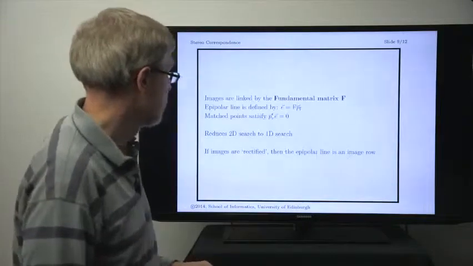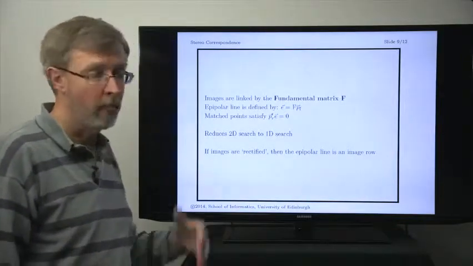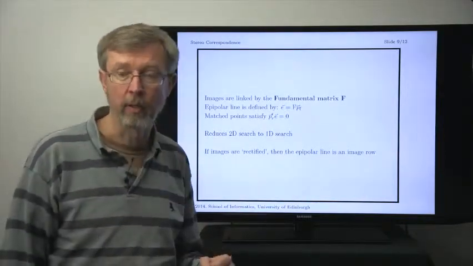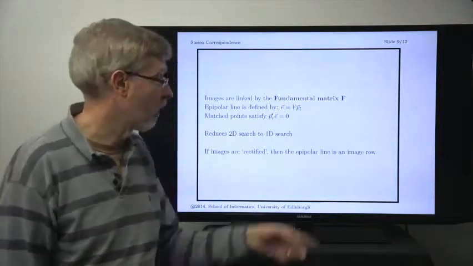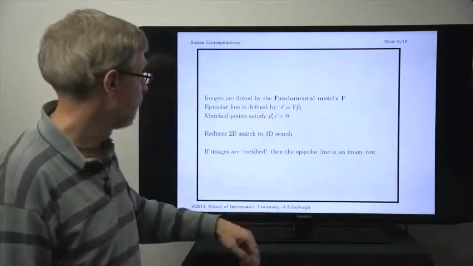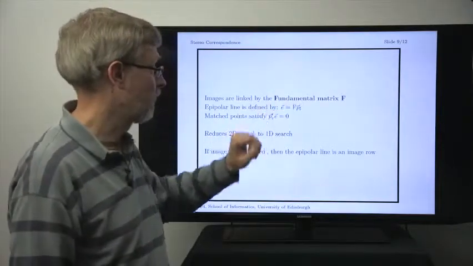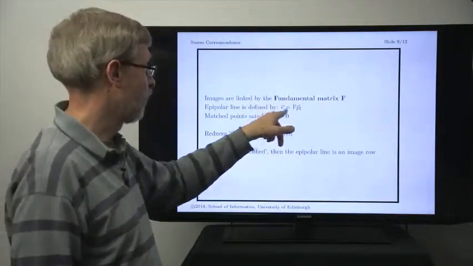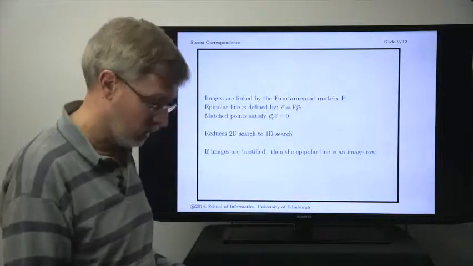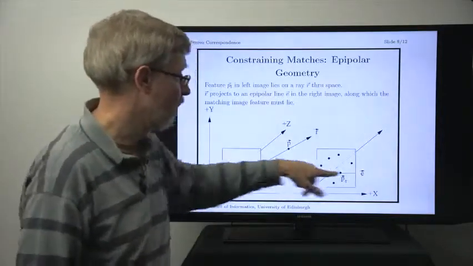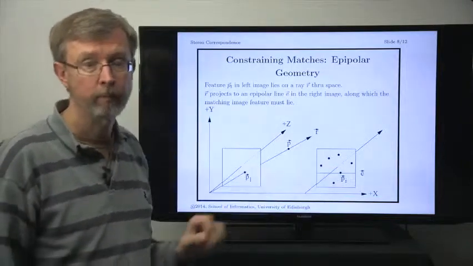Okay, so that's the geometric intuition. We can do this algebraically and implement it in a computer algorithm quite easily using our fundamental matrix. If we have our point in the left image and our fundamental matrix, then the epipolar line is given by this E in the right image. That defines the line that we want to go across right here.